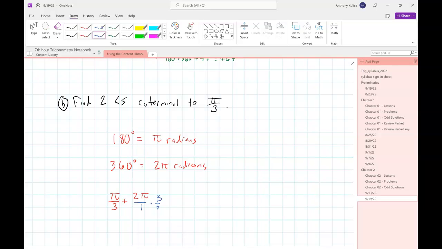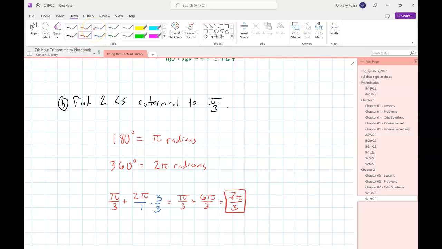So I'm going to just multiply 2 pi by 3 over 3. So 1 pi plus 6 pi is 7 pi over 3. So there's one coterminal angle.